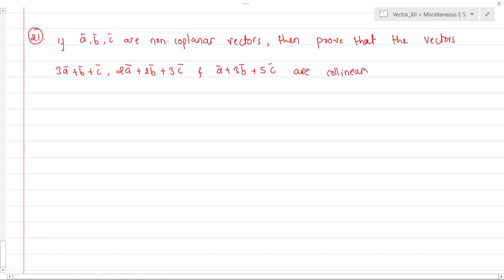If the given a, b, c are non-coplanar vectors, these three vectors are collinear vectors.